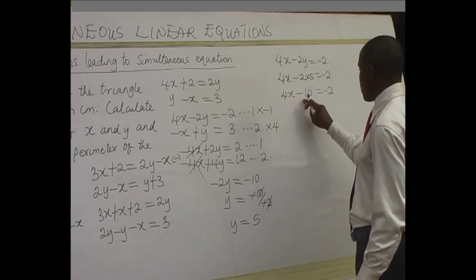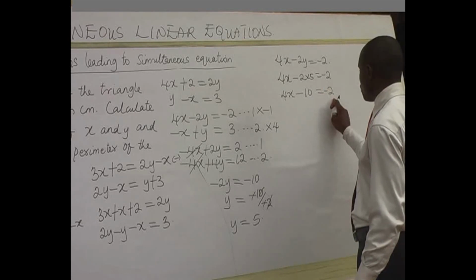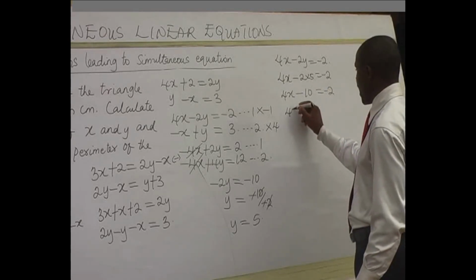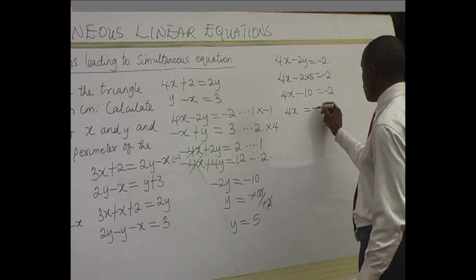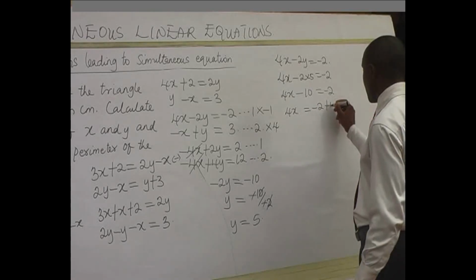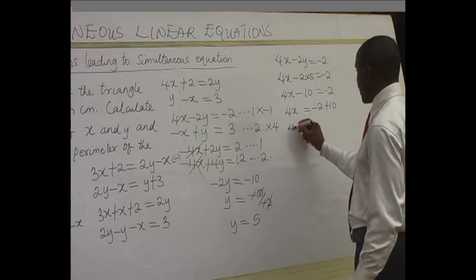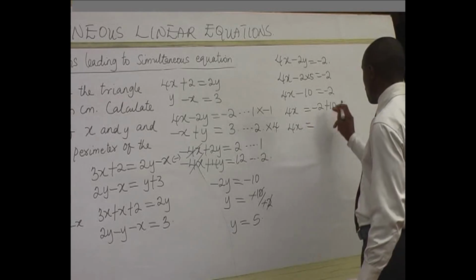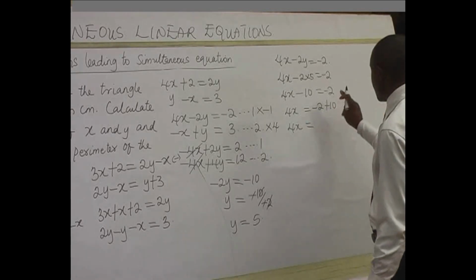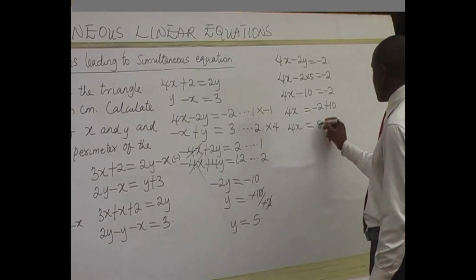Take minus 10 from the left hand side to the right hand side to change to plus. So we have 4x is equal to minus 2 plus 10, which is 10 minus 2, and it will give you 8.